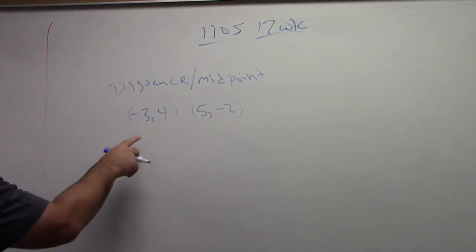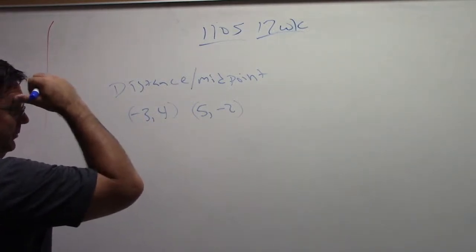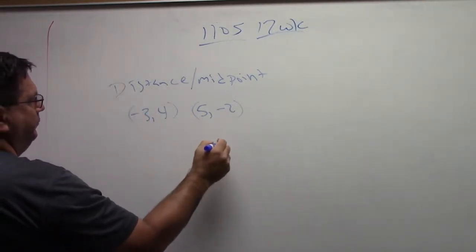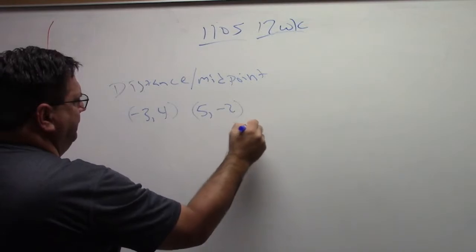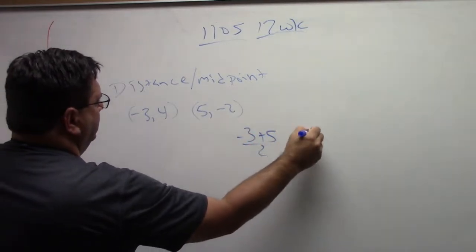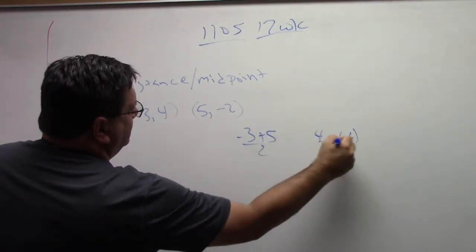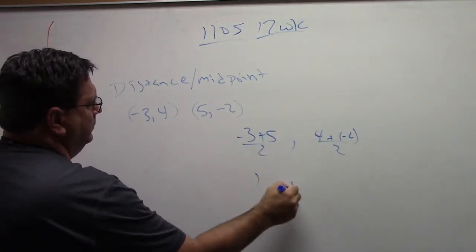Midpoint. Essentially add these together, divide by 2. So, negative 3 plus 5, 4 plus negative 2, 1, 1. Bam.